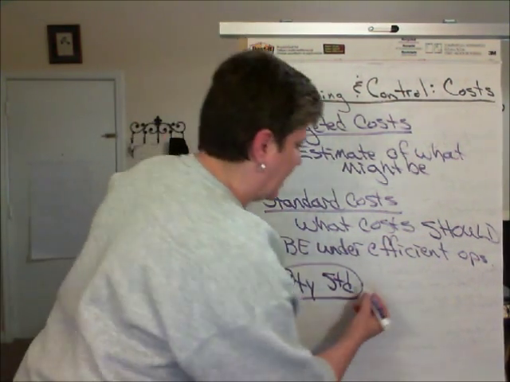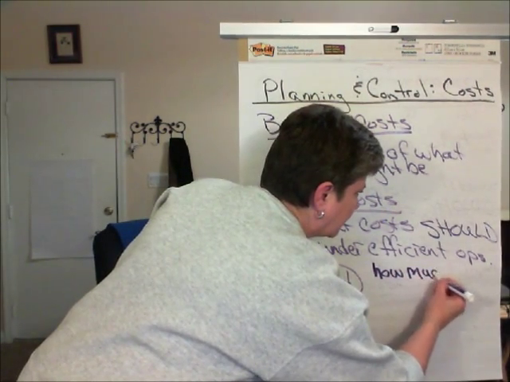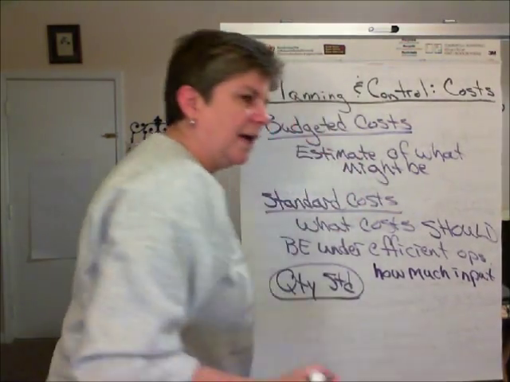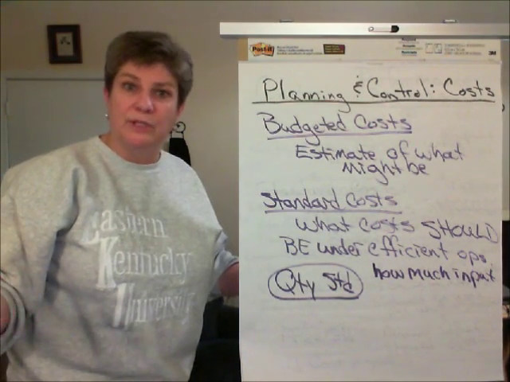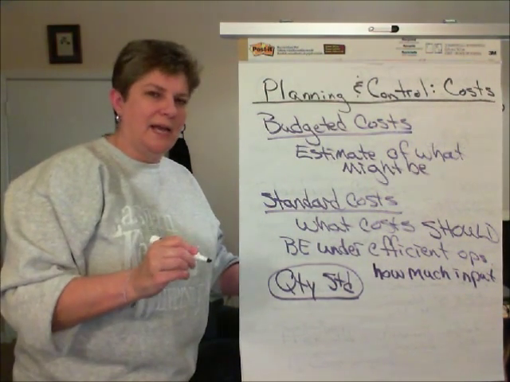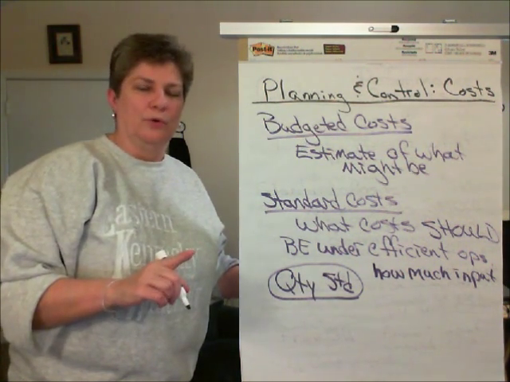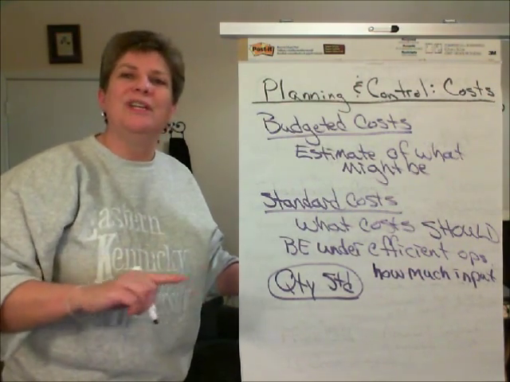So let me write that down. How much input, how much material, how many pounds of material, how many yards of material should it take to make one unit of product? How many labor hours should it take to make one unit of product? How many machine hours?